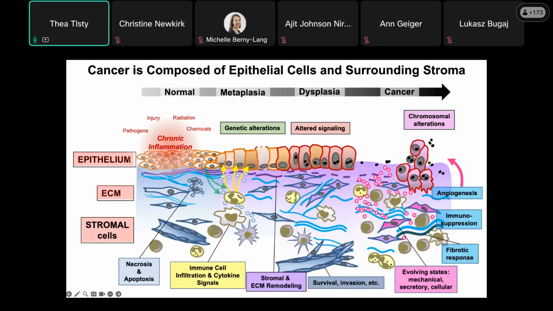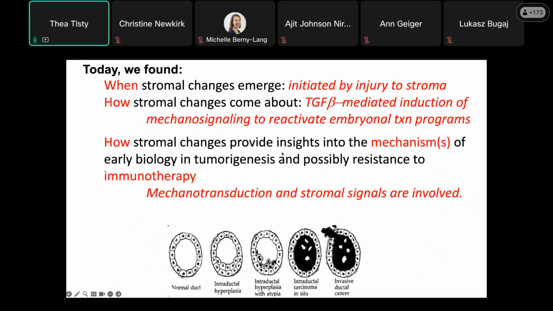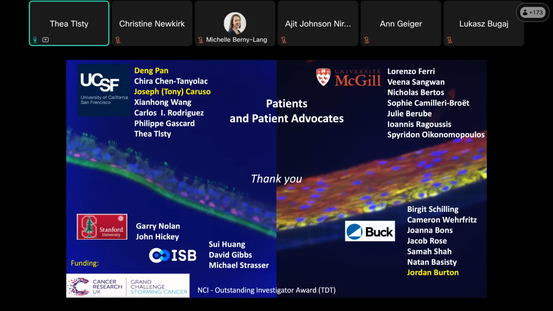You can remove the epithelial cells, but the signals from the stroma are still there, giving it a pro-tumorigenic signal. So mechanotransduction and the stromal signals are involved in the modulation of immunotherapy, and one has to take that into account if you're going to successfully address chemotherapy.